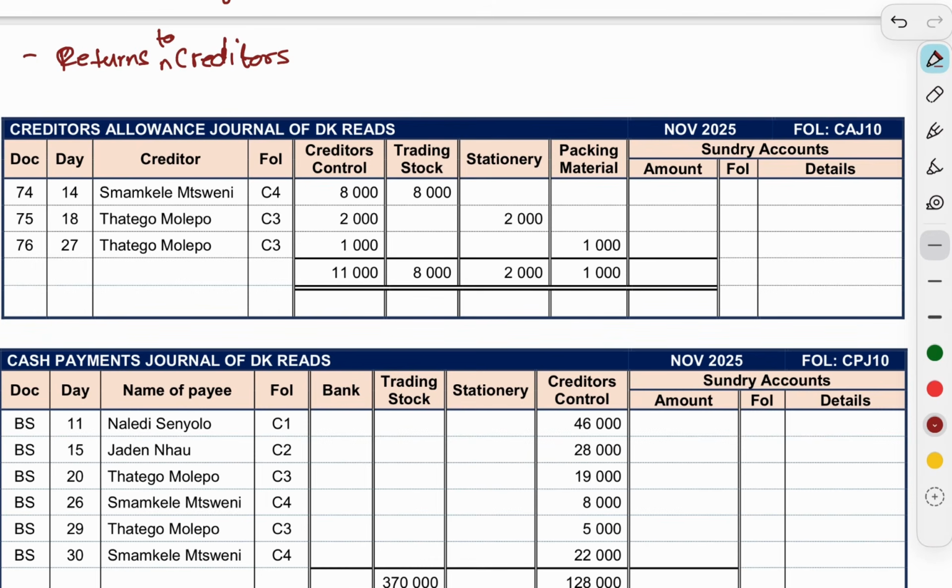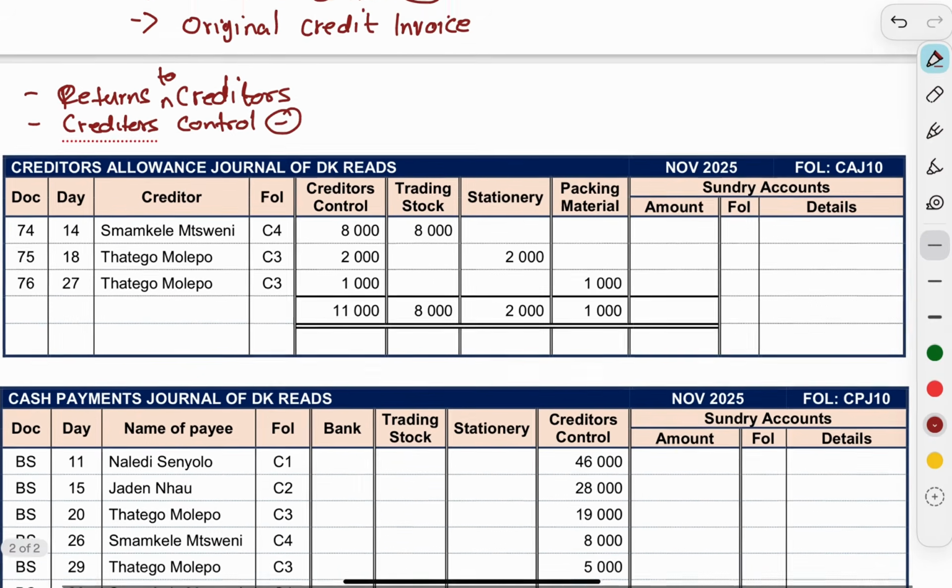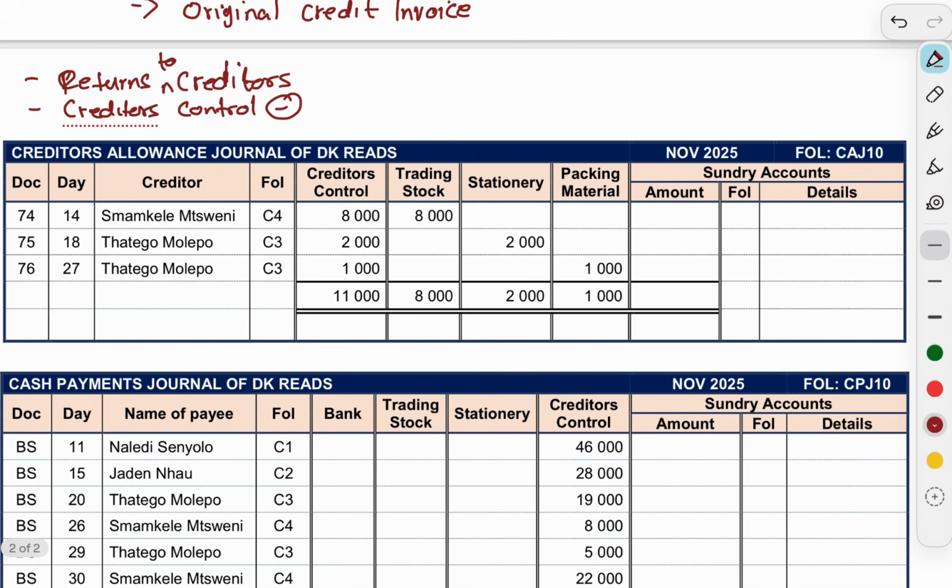So when you are returning, one of the accounts that will be affected is the creditors control account. But how will it be affected? It will decrease because you no longer owe for the item that you returned. So it reduces the debt that you had initially accumulated.